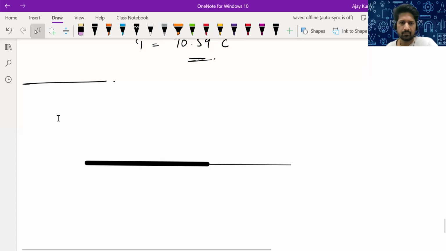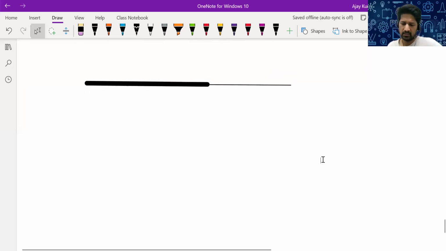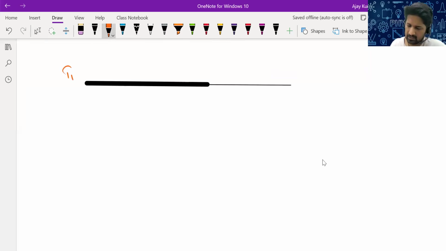Anyway, let's say across this combination, we maintain some temperature difference. Left hand is at temperature T1, right hand is at temperature T2, T1 more than T2. You have to find out the effective rate of heat flow. First rod, let's say its conductivity is K1, area of cross section is A1, length is L1. Second rod, conductivity K2, area of cross section A2, length L2.